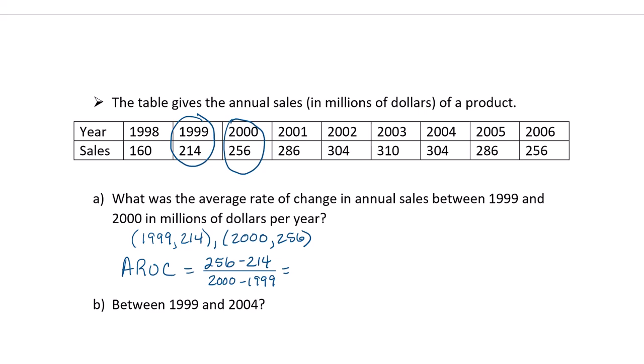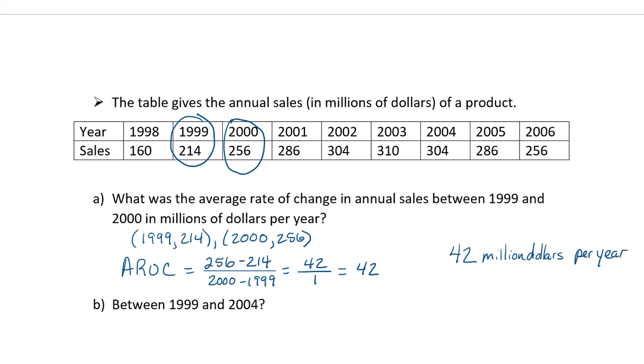So 256 minus 214 is going to give me 42. I get 1 on the denominator, so it's 42. And so the average rate of change in annual sales between 1999 and 2000 is $42 million per year.